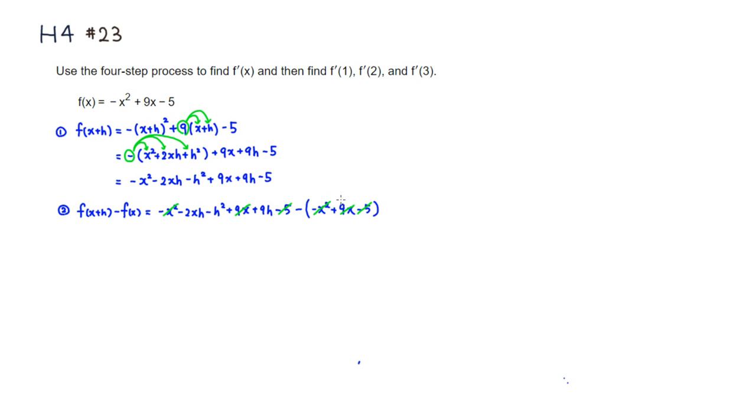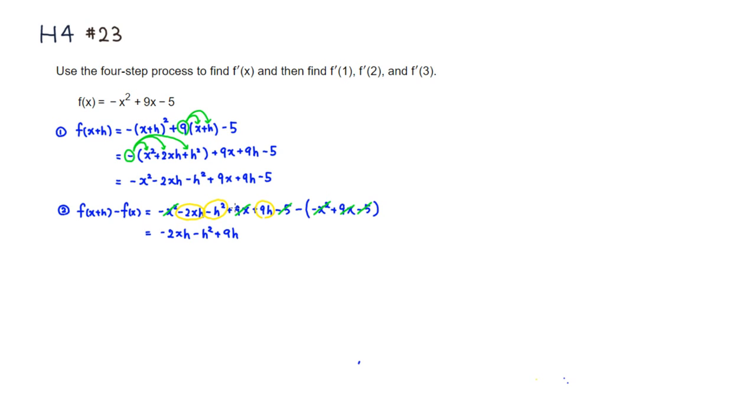Then what's left is negative 2xh, and then negative h squared, and we have 9h sitting there, so plus 9h. So that's probably all.